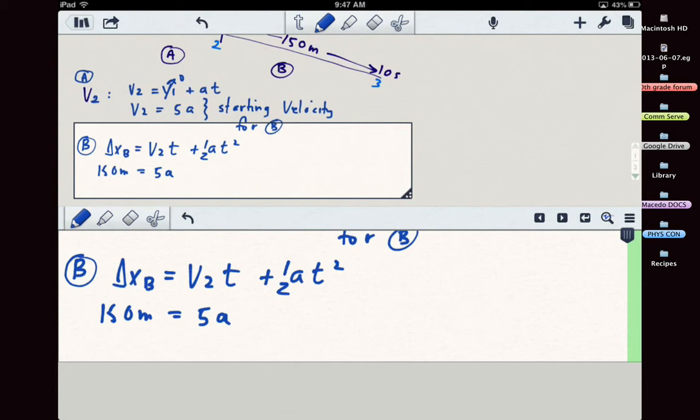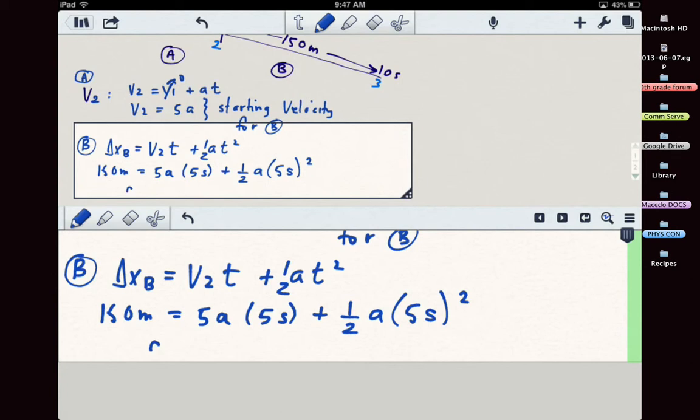The time interval for part B is 5 seconds, plus 1/2 a times 5 seconds squared. If I solve this equation for A, I get a value of 4 meters per second squared.